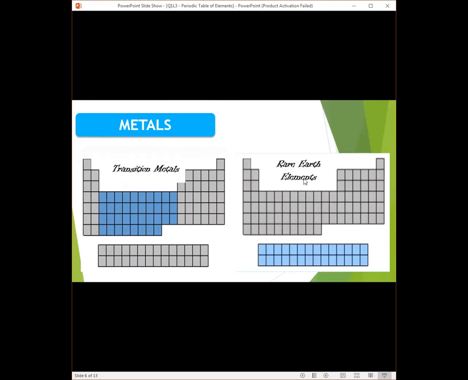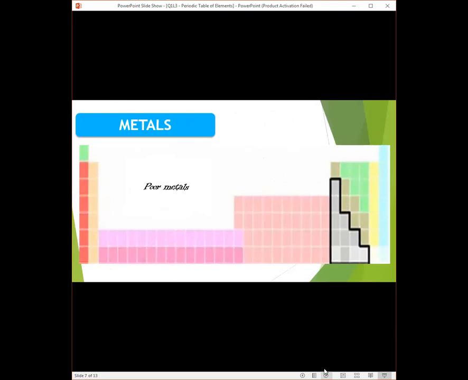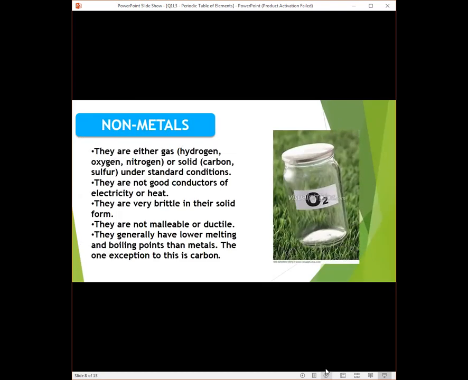And the rare earth elements, they are found in those two periods that are separated from the table. Well, we could know them as the lanthanides and actinides. And we also have the poor metals. They are located on this part. So those are the different families for metals.